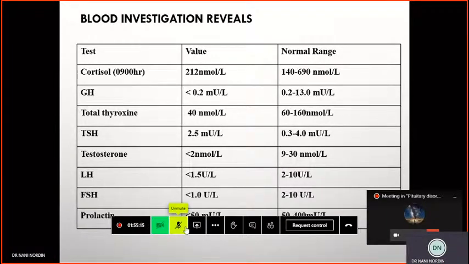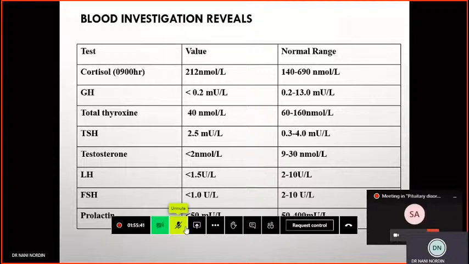So what does this show? The cortisol is normal. Growth hormone is low. Thyroxine is low. TSH is normal.